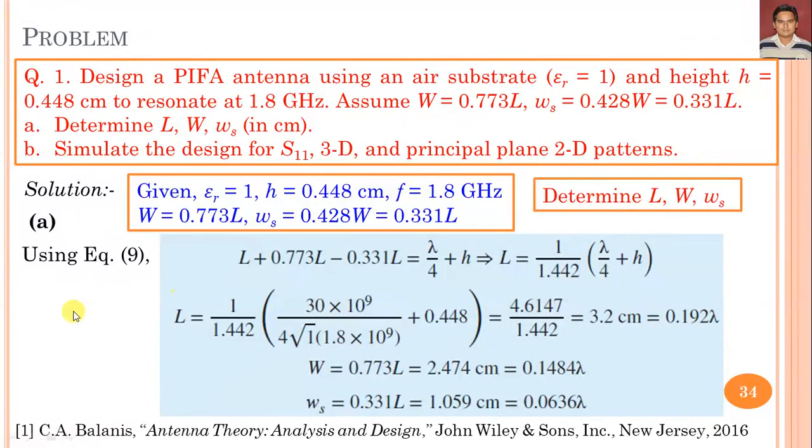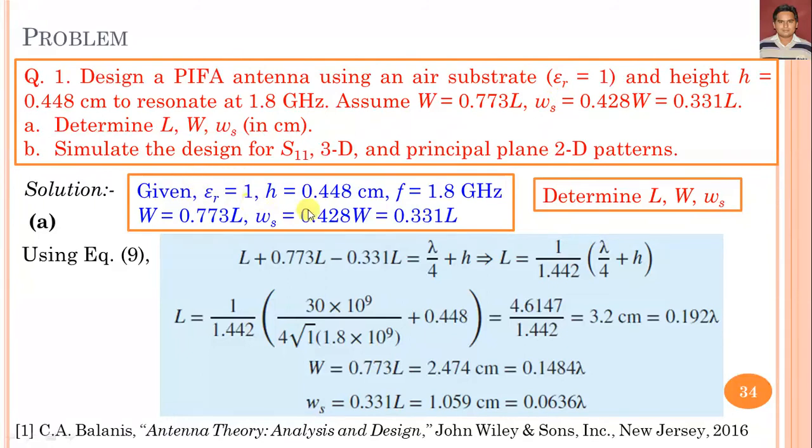We are considering one problem to understand the process that we have explained in this lecture of this series. Here we have to design a PIFA antenna, and some parameters are given.